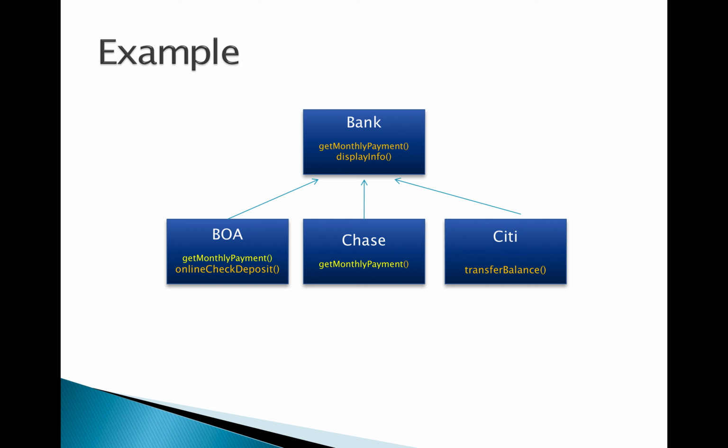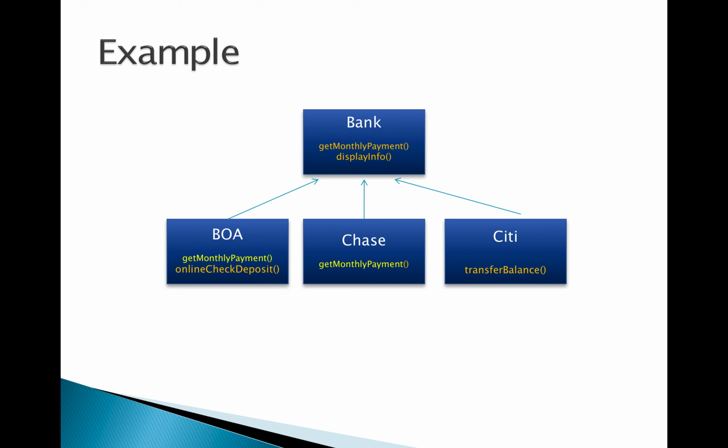It wants to attract customers, so it provides lesser rates for a bigger loan, or better rates if the tenure is longer. They override getMonthlyPayment, but they don't override displayInfo because they want to reuse the method from the Bank class.